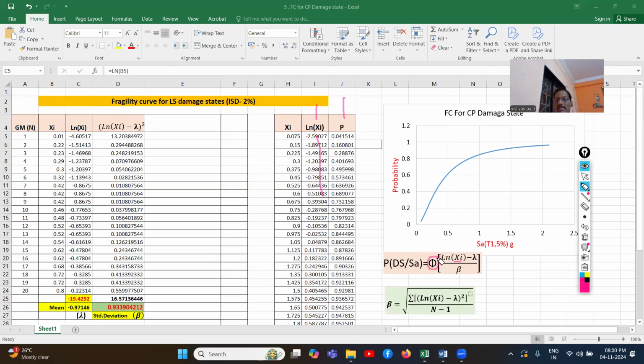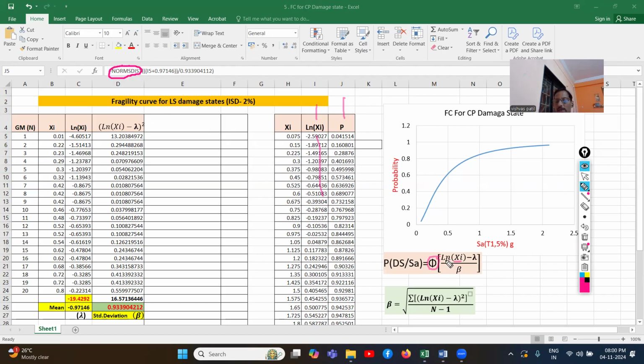This is a normal distribution. In Excel, there is a function called NORM.S.DIST, the standard normal distribution.